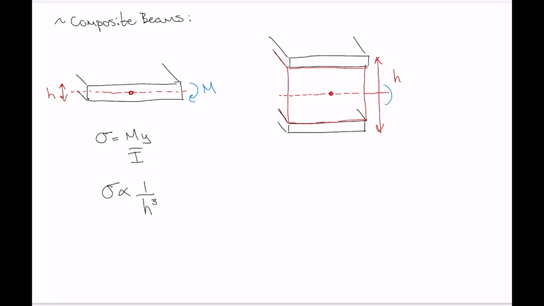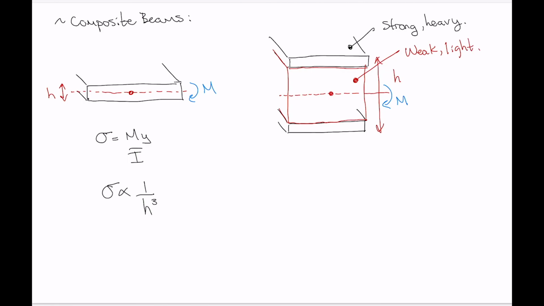So again, here's our internal moment. Here we've got material on the top and the bottom that is strong and heavy, right? Probably expensive. And we've got material in the middle here that is weak and light and probably cheap.